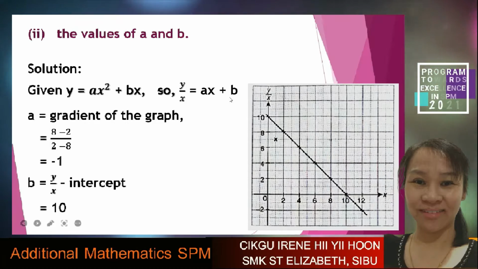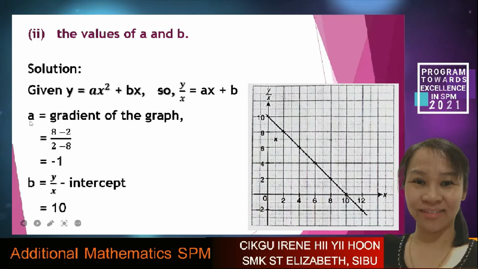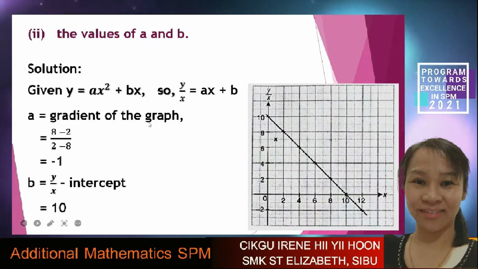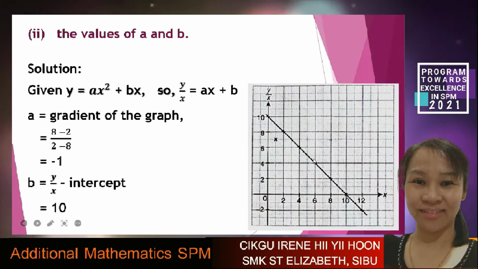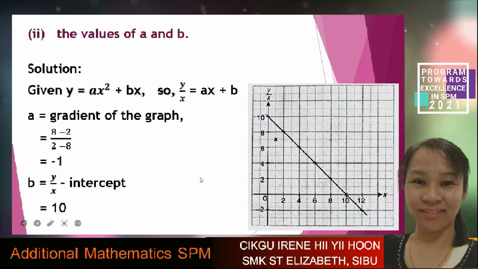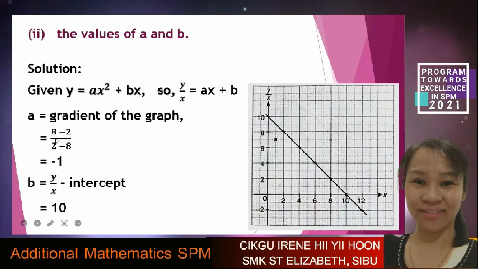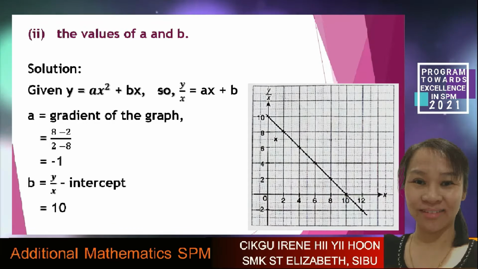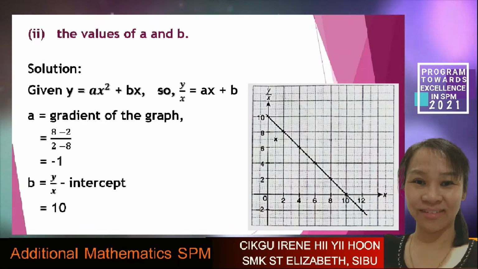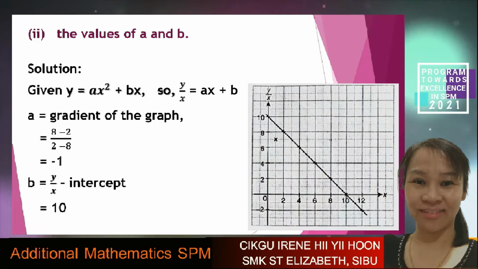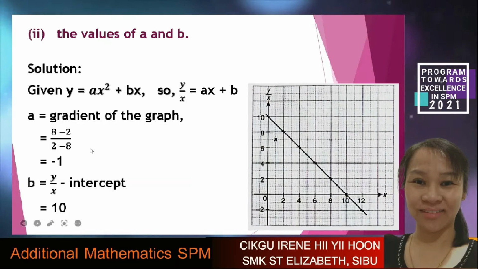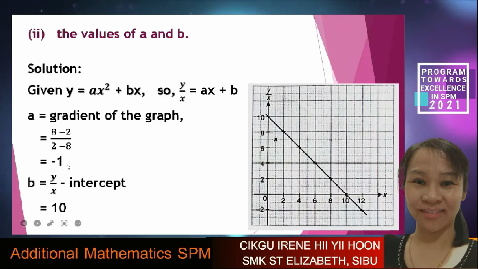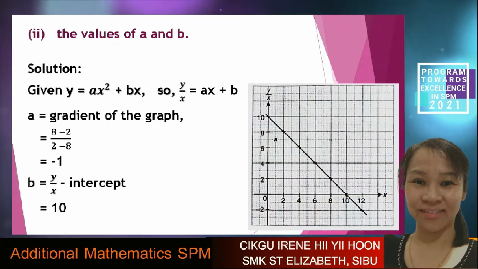From the equation, we can see that constant a represents the gradient of the graph. So by choosing any 2 points from the graph, for example, here the points are chosen, and substituting into the formula of the gradient, y2 minus y1 over x2 minus x1, the value of constant a is -1.